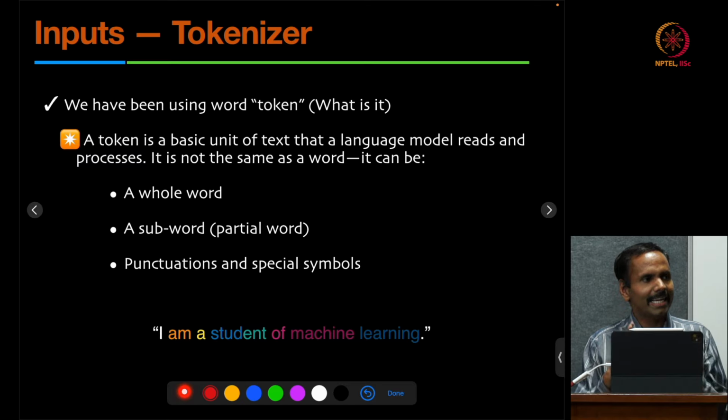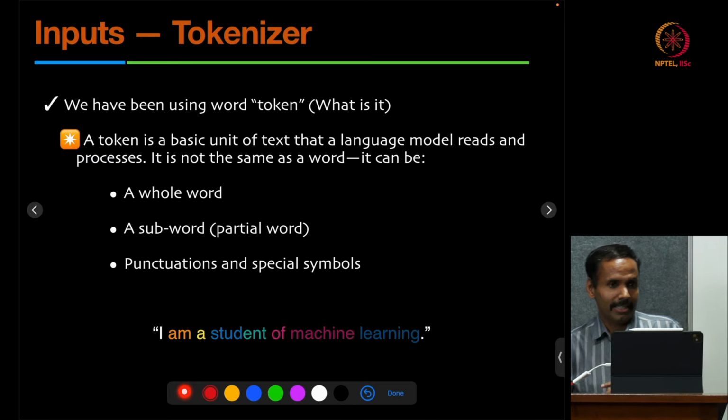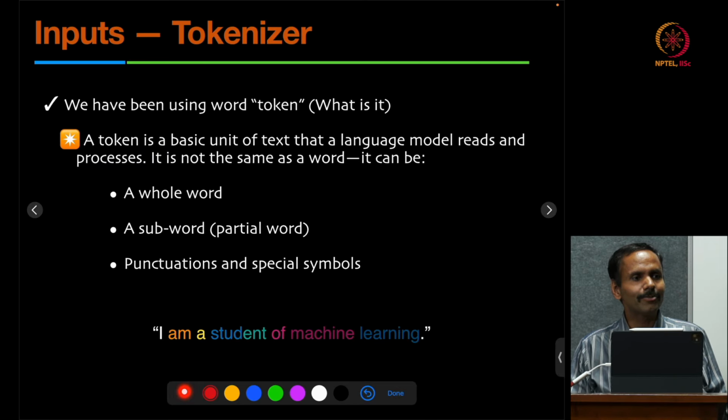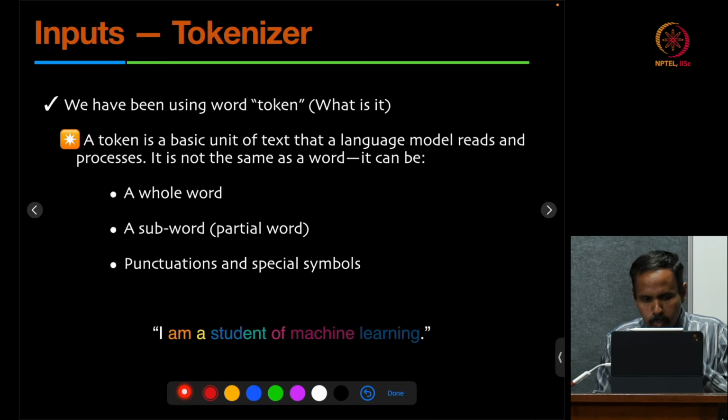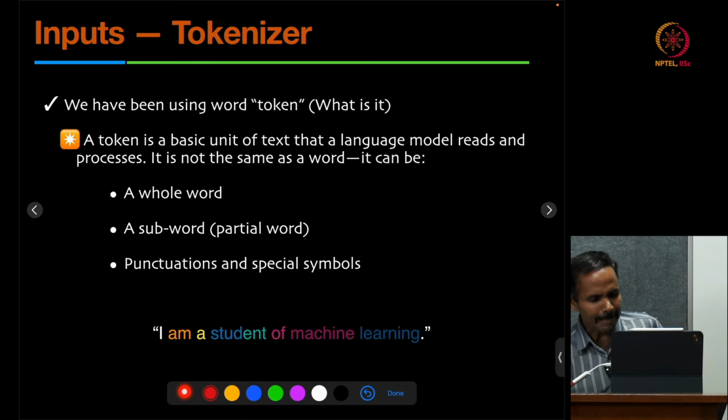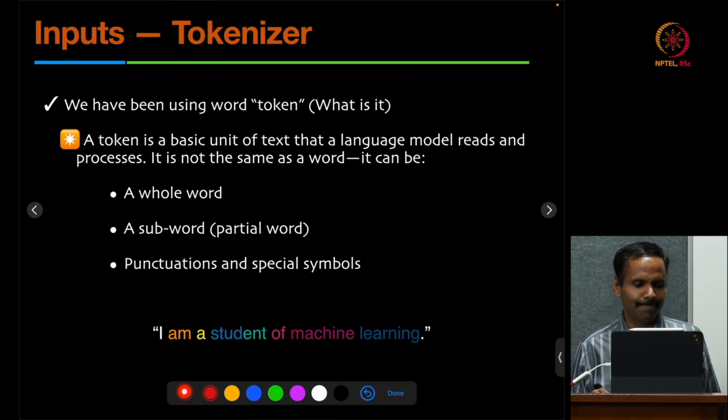This is again a very light introduction to the tokenizer, but this is something to keep in mind even when we talk about multimodal inputs. So what are tokens? We have been using the term tokenizer in a loose sense since the last lecture. Now let's start grounding it.